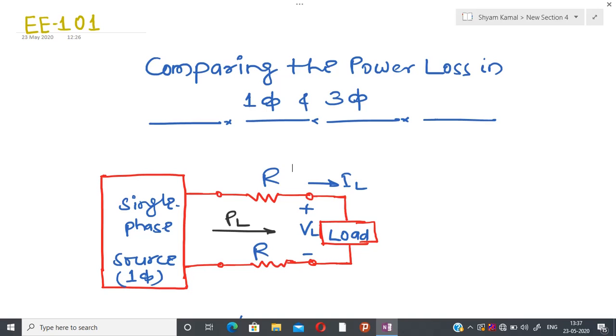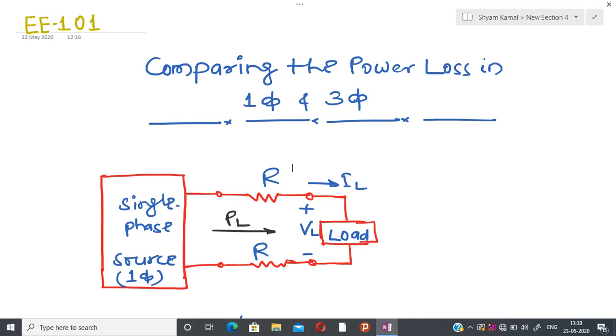In today's class, I am going to compare the power loss in one phase as well as three phase system, and it is possible to show that in three phase system the amount of wire requirement is lesser than the one phase system.